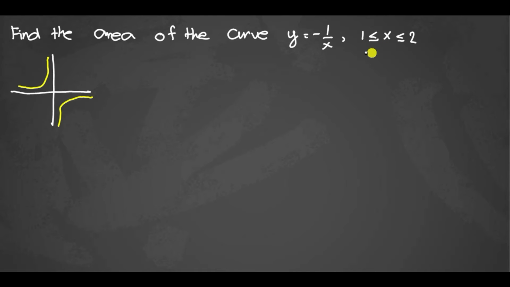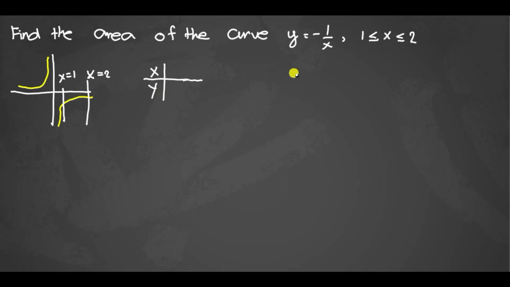Looking at our condition that our area is bounded from x is equal to 1 and x is equal to 2, we will focus on this one. In order to clarify this assumption, we will need to construct a table of values of our function.